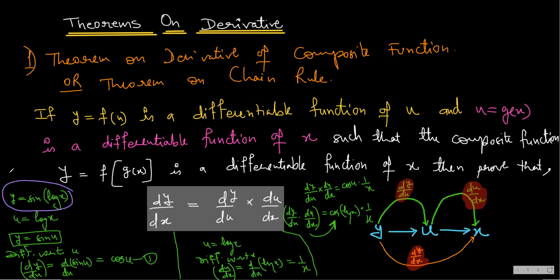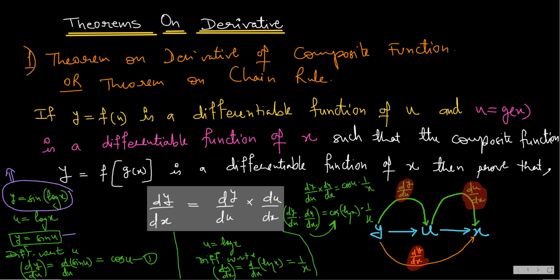Here I did not differentiate directly. I applied the theorem. I'm taking y as sine of u, differentiating with respect to u, I got dy by du. Then I'm taking u as log x, differentiating with respect to x, getting du by dx, and then multiplying dy by du by du by dx. I got cos log x into 1 upon x.